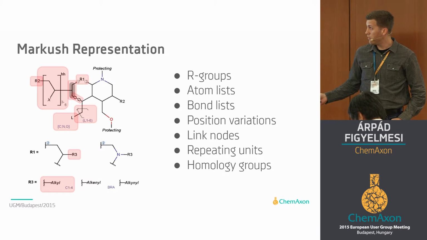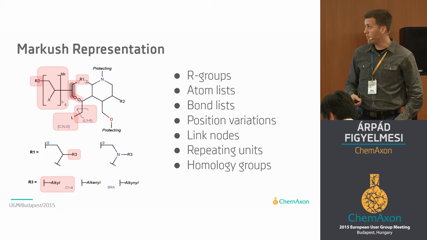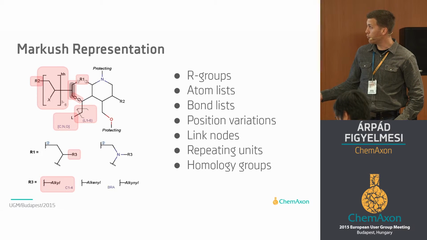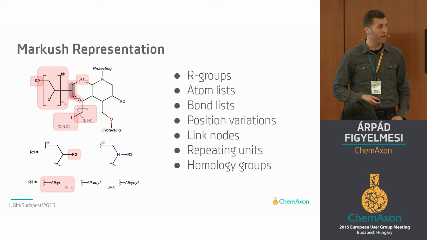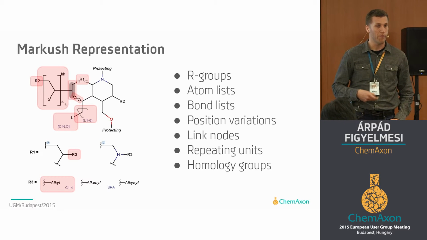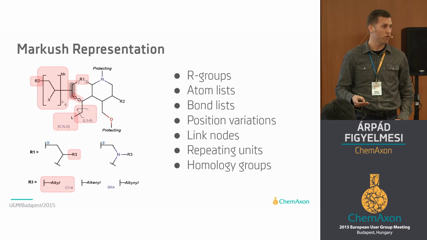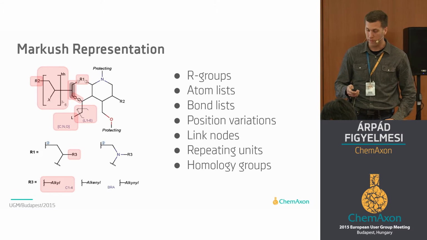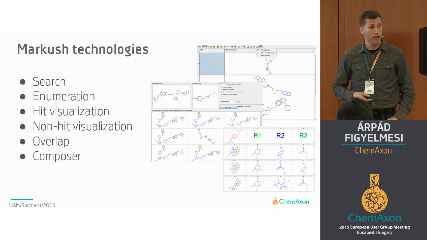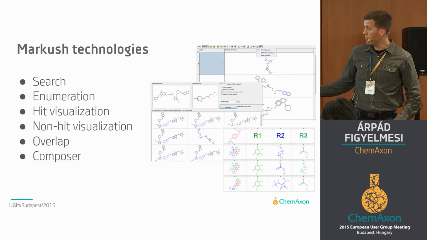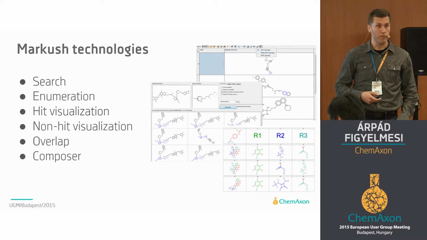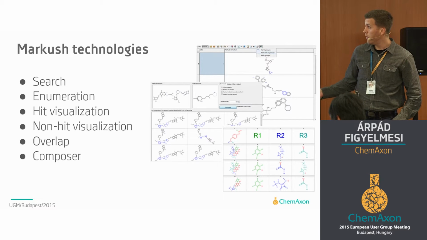Here is a brief overview of our Markush representation. We support R groups, atom lists, bond lists, position variations, link nodes, repeating units, homology groups, everything necessary if you want to represent a patent Markush or a combinatorial Markush structure. We are not only able to represent the Markush structures, but we are also able to search them without enumeration.